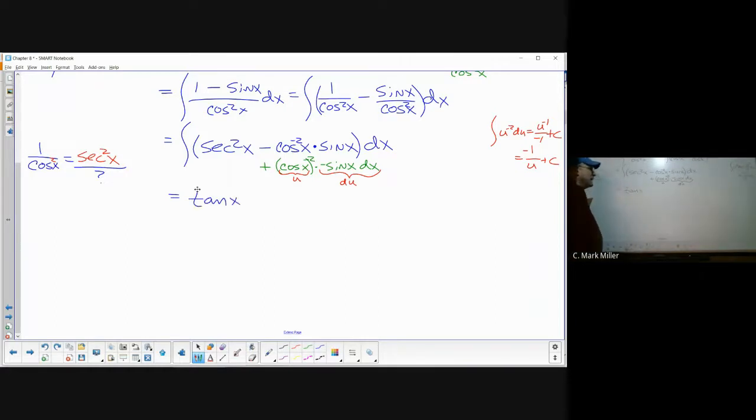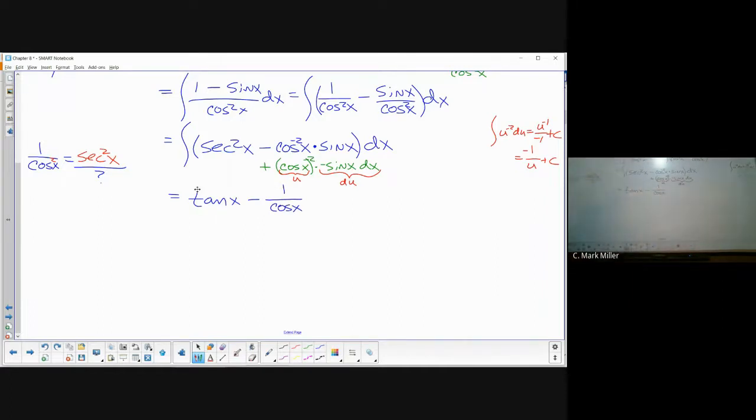So this is going to be tangent x. Here, cosine to a power times derivative is going to be minus 1 over u. So that's going to be, oh, careful here. All right. So it's going to be a minus 1 over cosine x.